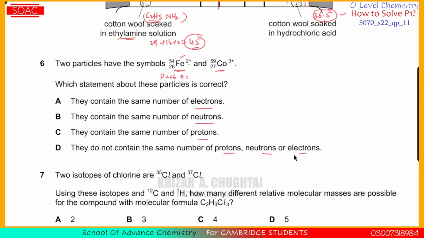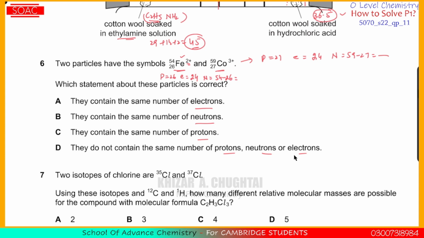E is 26 minus 2, as there is a loss of 2 electrons, so that is 24 basically. And the neutron is equal to 54 minus 26. In case of cobalt, P is equal to 27, E is equal to 27 minus 3, which is 24, and neutron is equal to 59 minus 27.